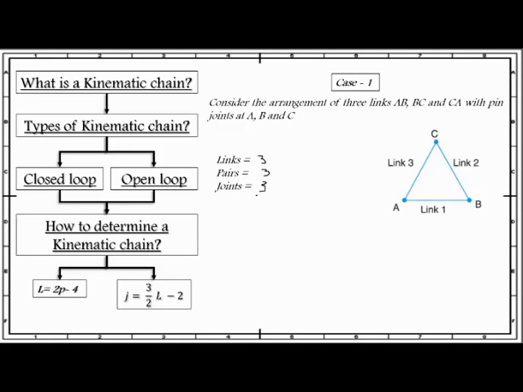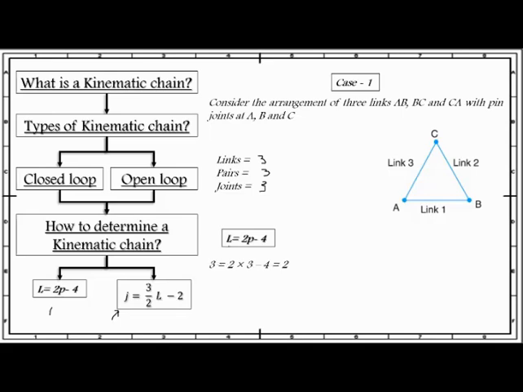Now in order to find whether this arrangement is a kinematic chain or not, we have to use these two equations. So let's put the values of links, pairs and joints into them. The first equation is L equals 2P minus 4. If we substitute all the values, we get 3 equals 2 times 3 minus 4, which equals 2.